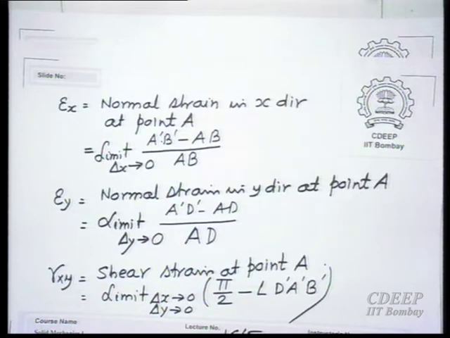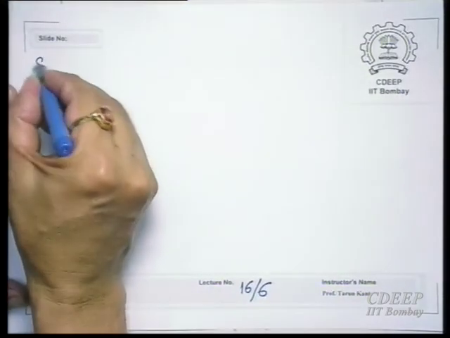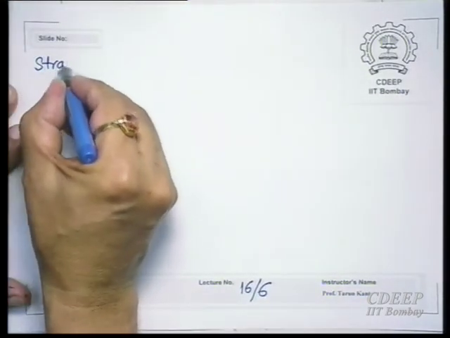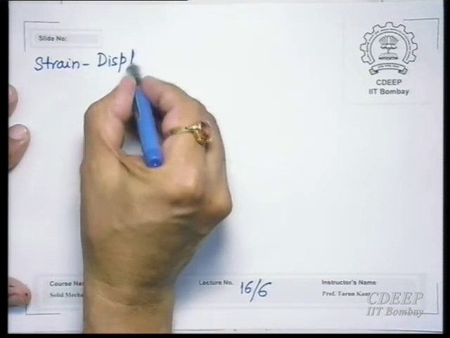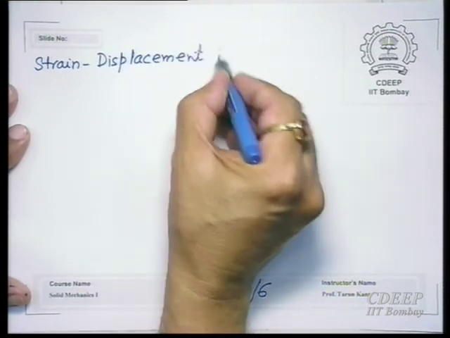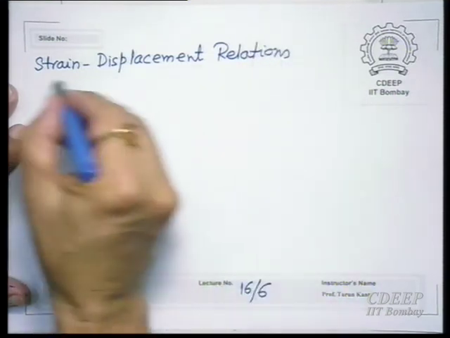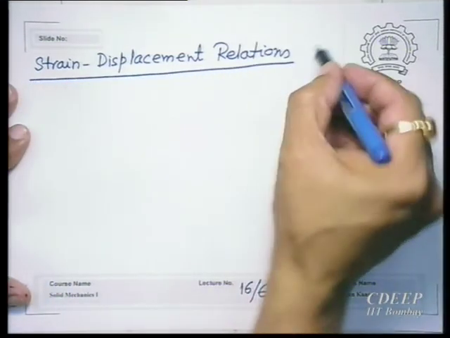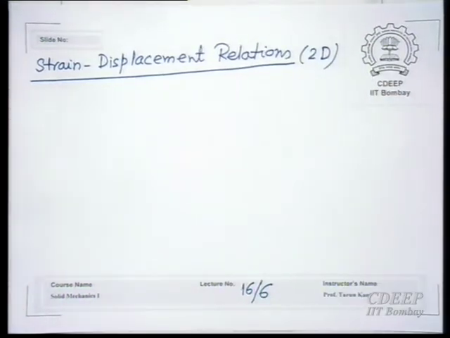So I would like to know a relationship, what is called strain displacement relations. Here we are doing 2D, plane stress or plane strain, xy plane.